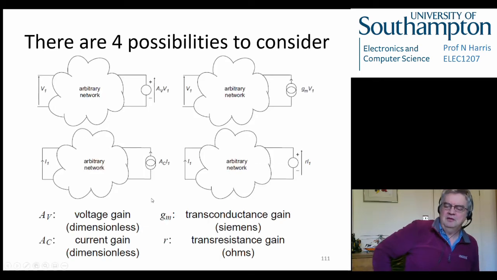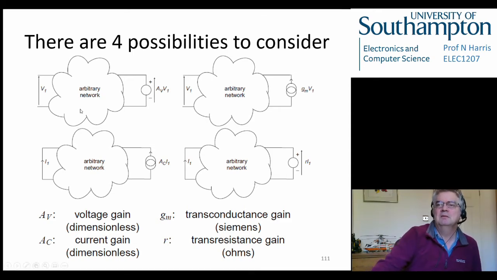So in terms of dependent sources, there are 4 possibilities that we can consider. What we've got is an arbitrary network in the middle, a connection of all kinds of things, but fundamentally they're 2-port networks. There's a port here and a port here, 2 ports, and one is an input normally, and in this case we're inputting a voltage, and we've got an output, and the output is also a voltage.